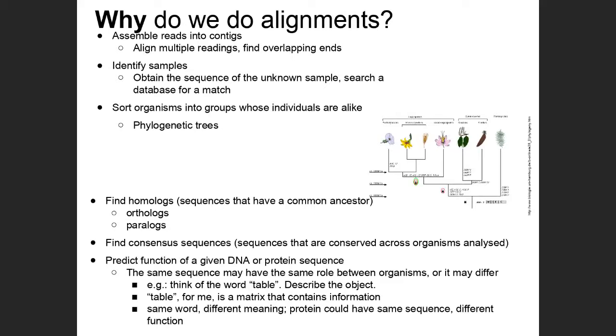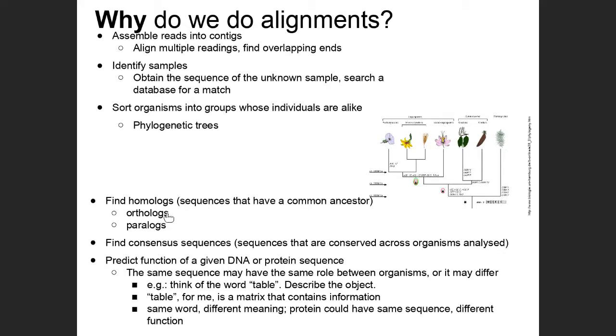And other reasons why people do alignments, they want to find homologs, which here's the definition. Homologs are sequences that have a common ancestor. So if they have a common ancestor, they may still be the same sequence, or they may have some mutation. And there are different types of homologs.